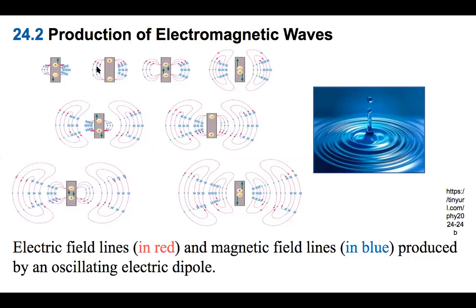The red lines here indicate the electric field, because the electric field goes from positive to negative. If you make the two charges move back and forth, you have varying electric field lines, so a varying electric field. A varying electric field generates a magnetic field. The magnetic field is represented by the blue crosses and blue dots, which indicate the direction of the magnetic field, either into the screen or out of the screen.